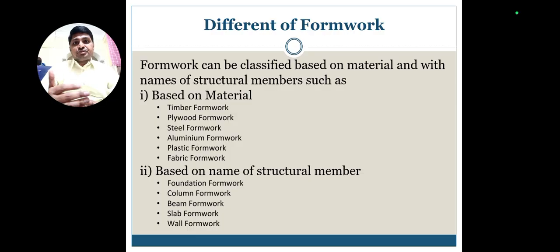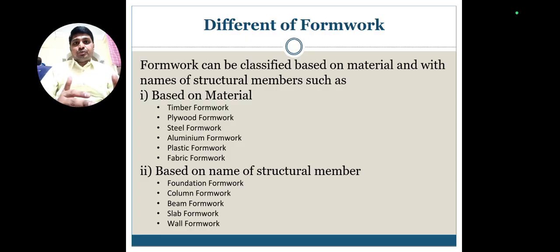Instead of plywood or timber, when steel is used for manufacturing the formwork elements, it is called steel formwork. Then there are aluminium formwork, plastic formwork, and fabric formwork. These are the formwork types based on the material.